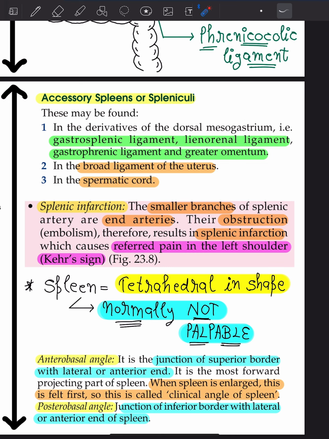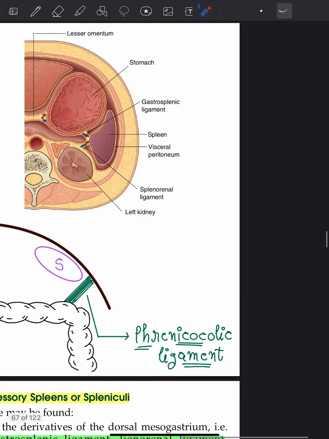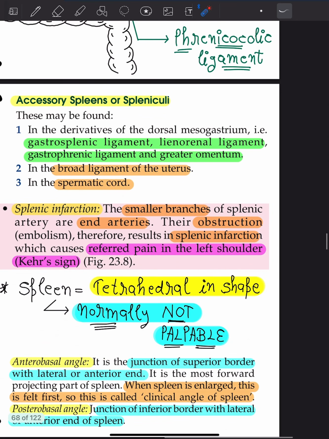Okay, so what are its derivatives? We have studied in this diagram also. What will be those? The gastrosplenic ligament connecting the stomach and the spleen, the lienorenal ligament connecting the spleen and the kidney, the gastrophrenic ligament connecting the diaphragm with the stomach, and of course the major part, the greater omentum.